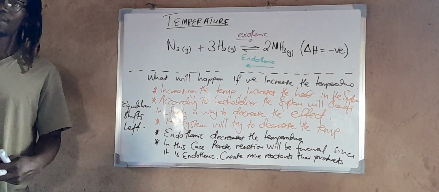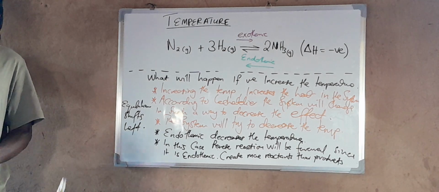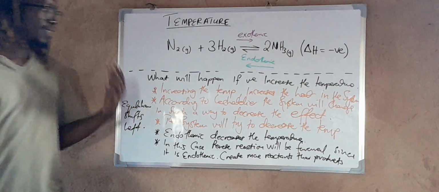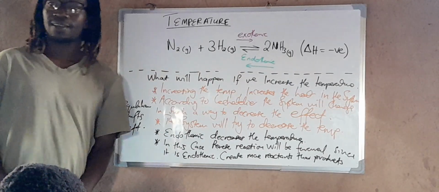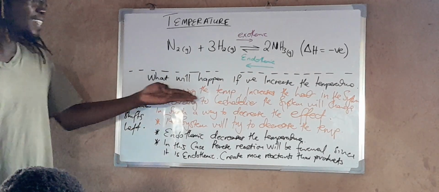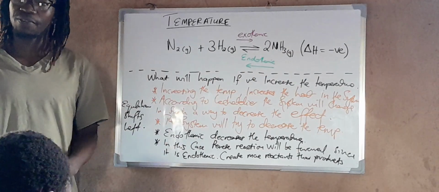Did you see what happened? I'm going to repeat this again, right? I said what will happen if we increase the temperature, right? Increasing the temperature increases the heat in the system. We are still together so far, right?